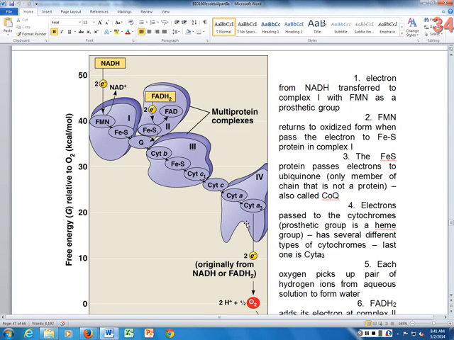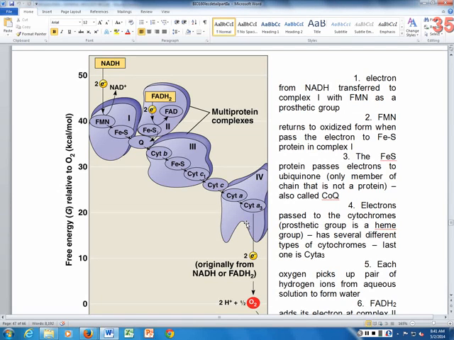So if you roll a ball from the top of the hill and you roll another ball from partway down the hill, are they both going to have the same kinetic energy? No. This one's going to have more because it's released from here. So you're going to get more energy, more ATP out of NADH than you do FADH2, just because you don't drop the stuff down the hill as far.